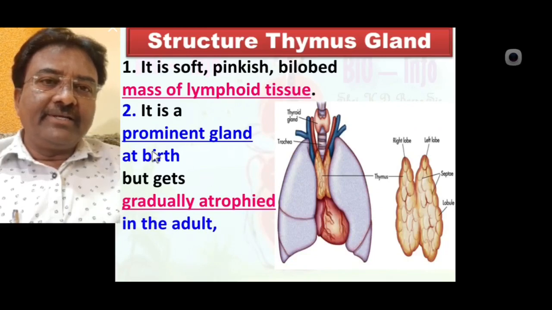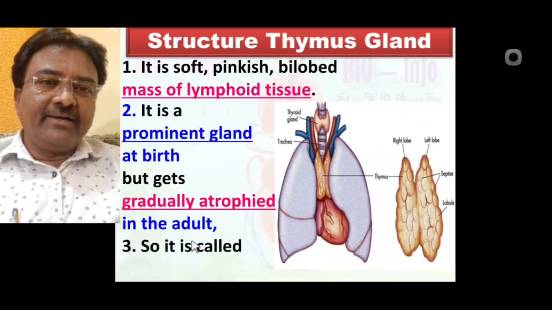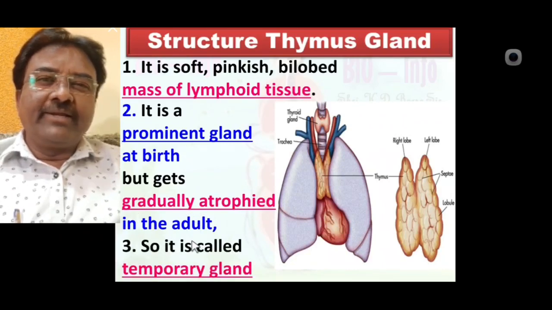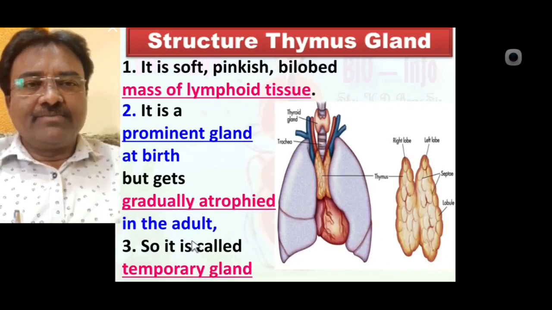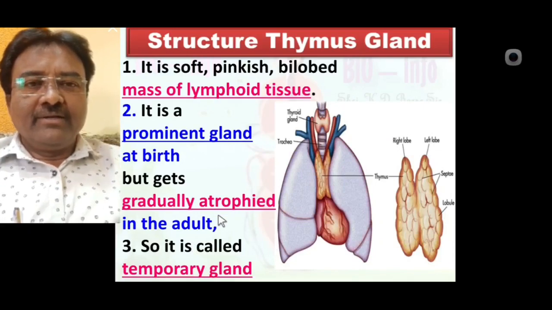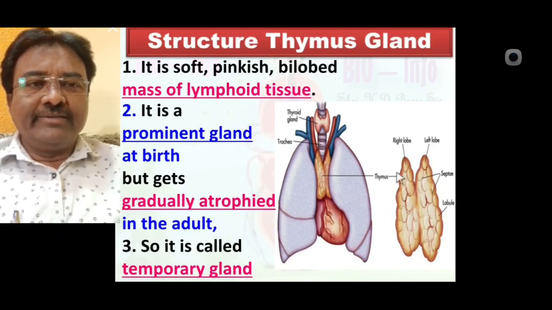Always remember, it is prominent at birth but gradually atrophies in adults. So the thymus gland is called a temporary gland, because it is prominent at birth but gradually atrophies in the adult.